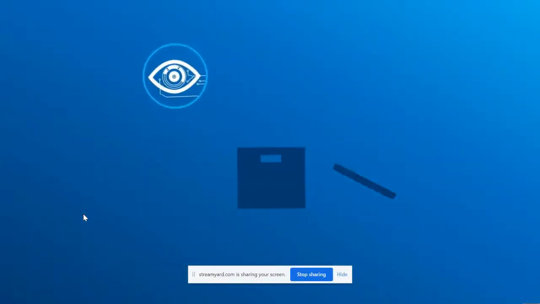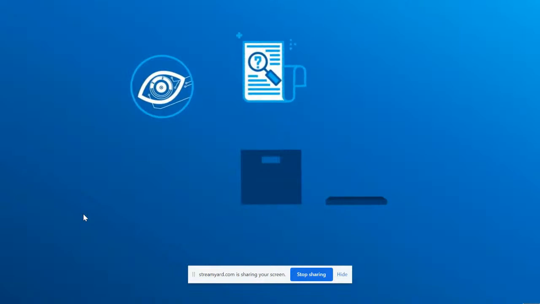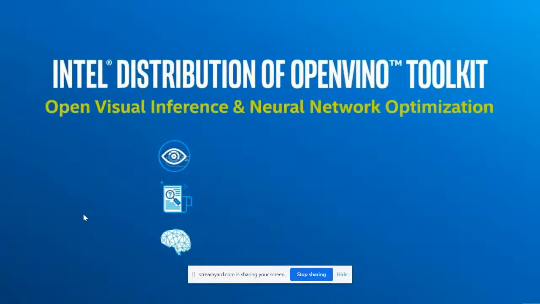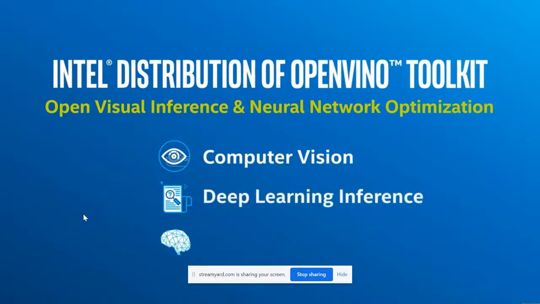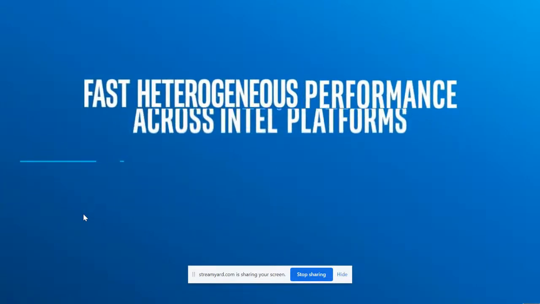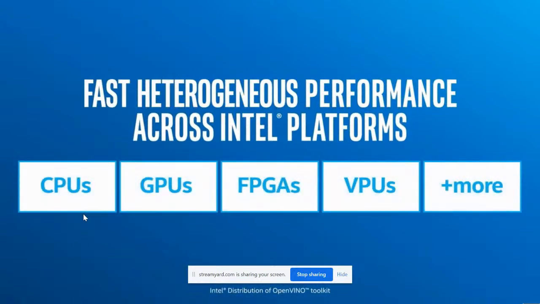The Open Visual Inference and Neural Network Optimization Toolkit, or OpenVINO, helps developers build high-performance computer vision applications with deep learning inference that fuel artificial intelligence from edge to cloud. Easily develop solutions that achieve great performance across Intel processors and accelerators.